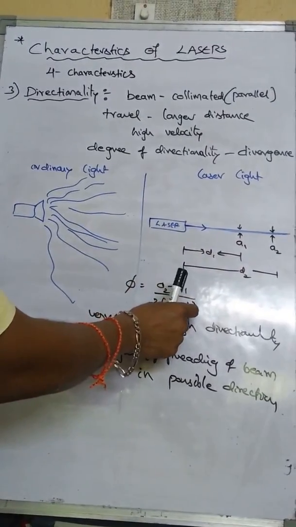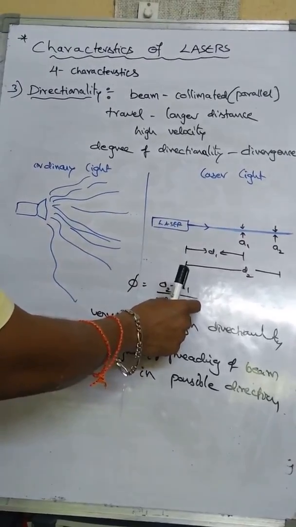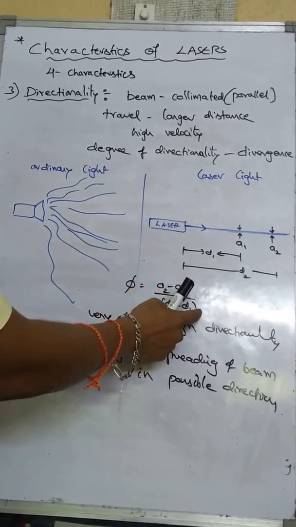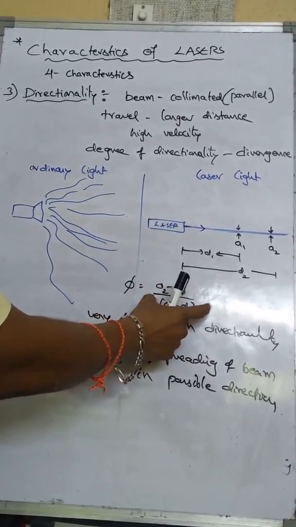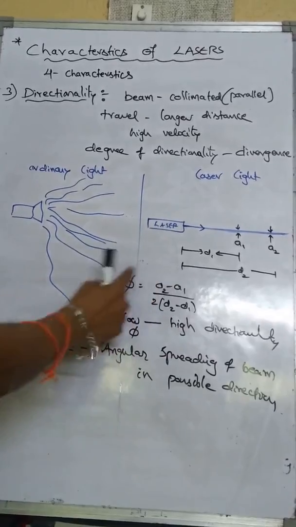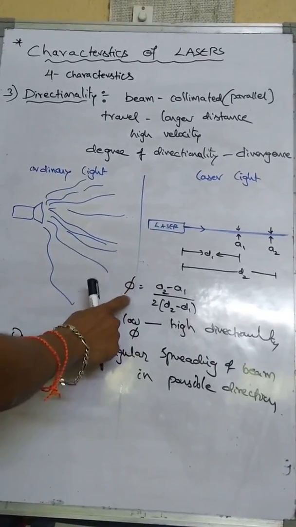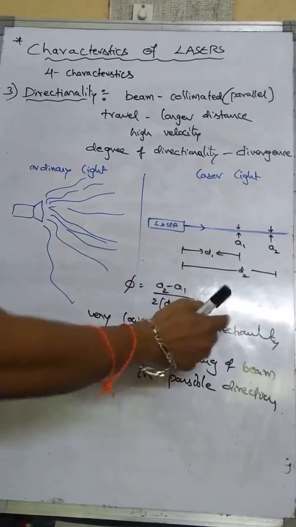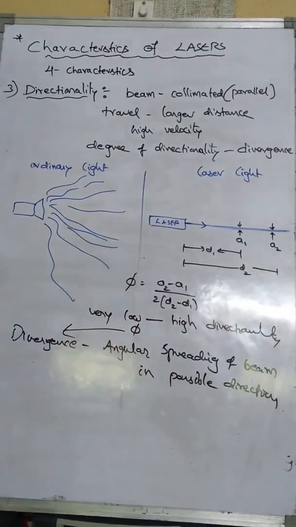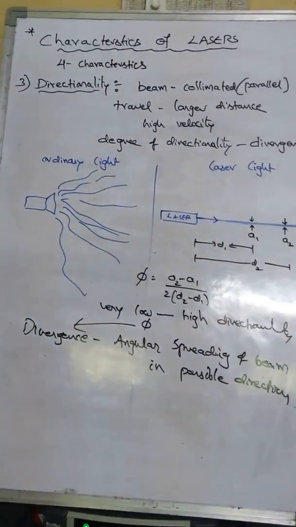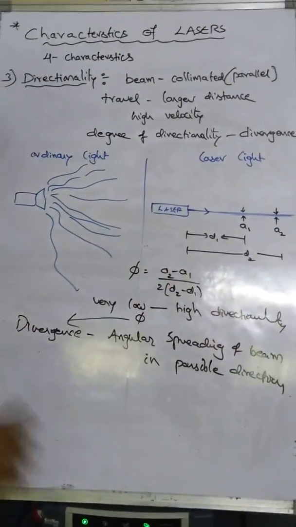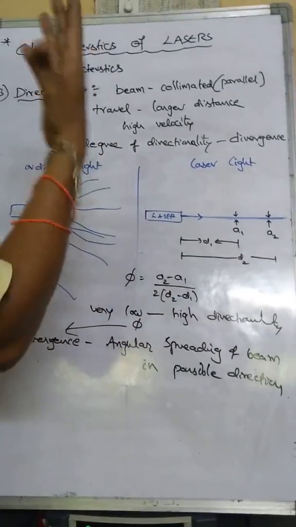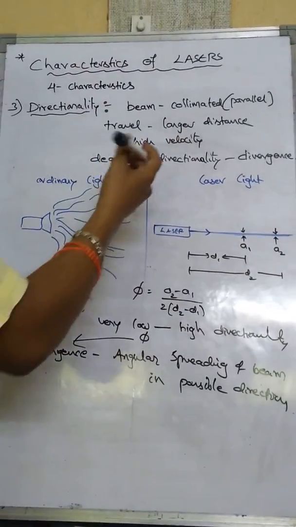And when you take the distances, in the numerator the value will be very low, and in the denominator the value will be high, and as a result, by the mathematical concept, the total value phi will be very low. Therefore the laser possesses high directionality.